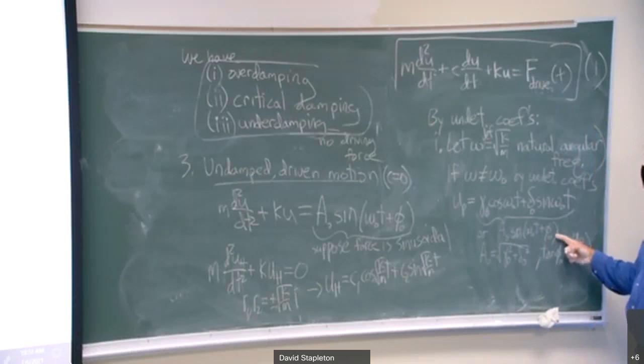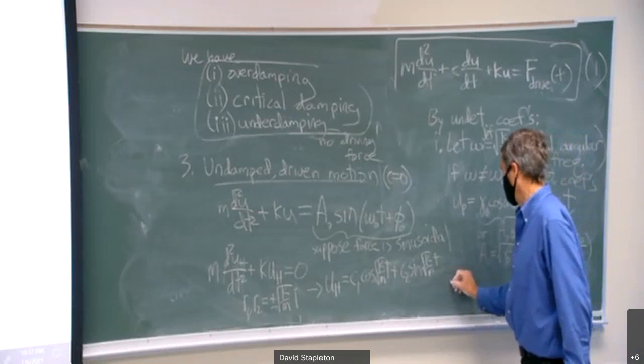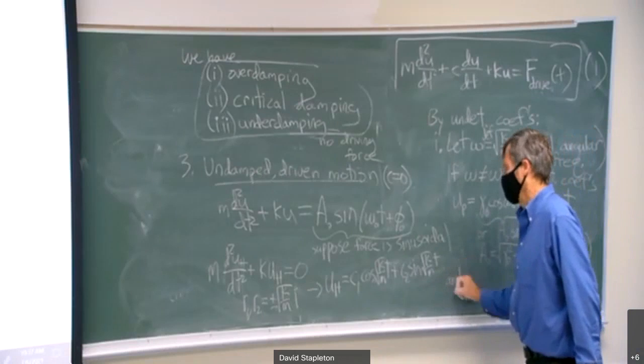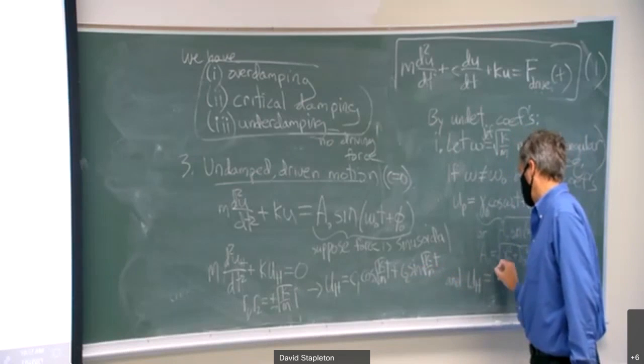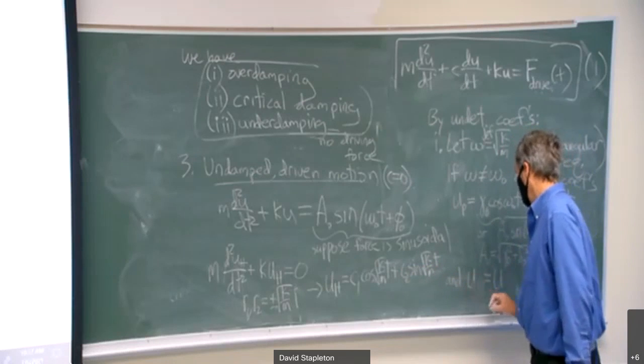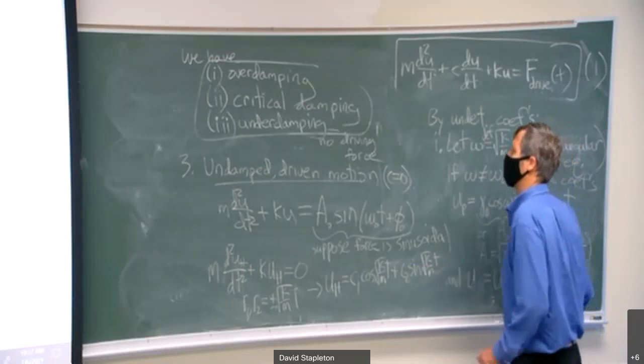And so you can rewrite it as a single sine wave. And what you see is the particular solution contributes a sine wave, and the homogeneous solution contributes a sine wave, and the solution is their sum, U homogeneous plus U particular by our previous theory.